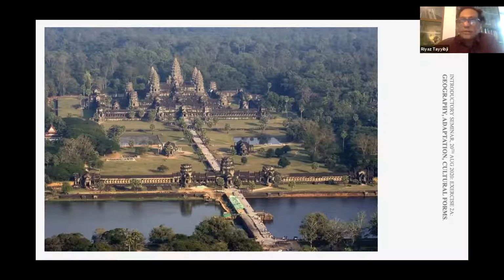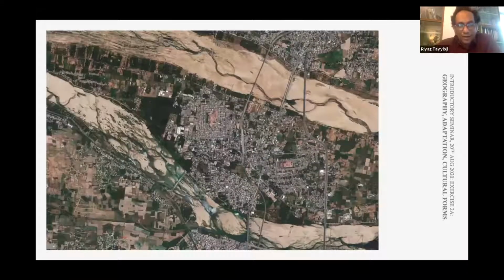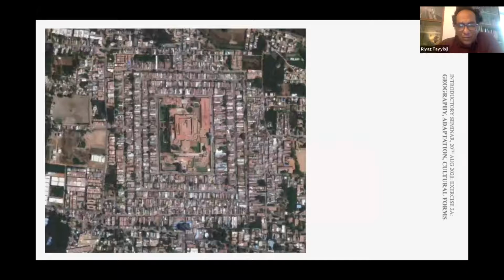How is it organized into the building of these kind of structures? Srirangam, an island in the Kaveri, water systems. Would this concentric structure make sense if we did not know its geography?